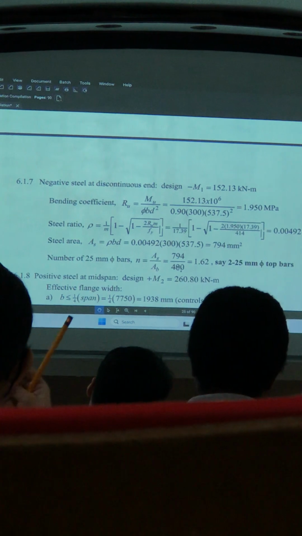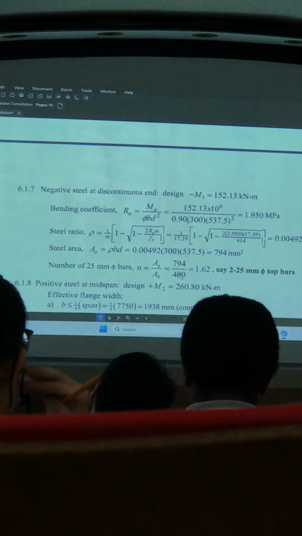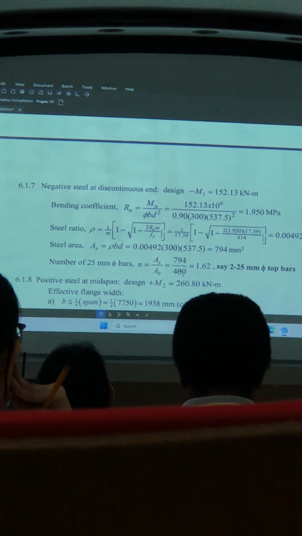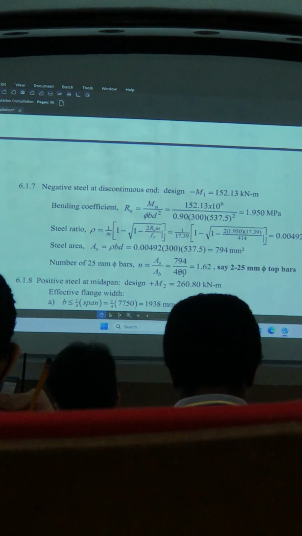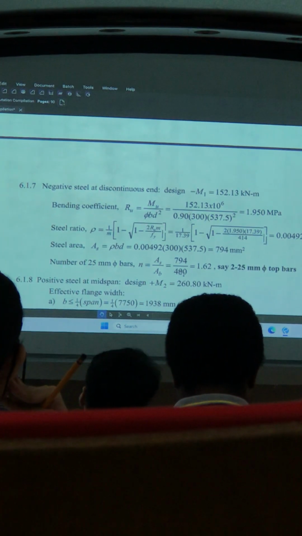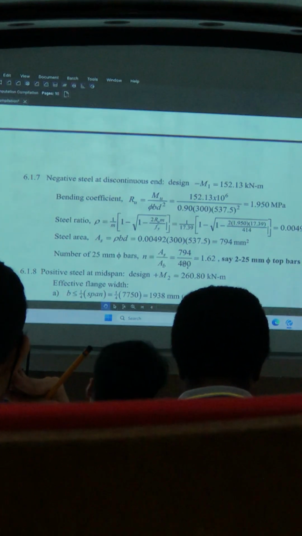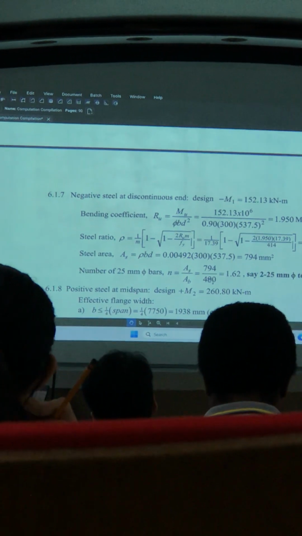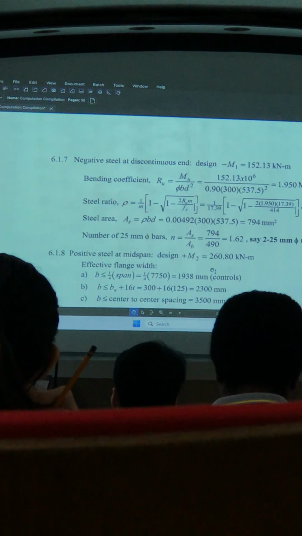Here RU equals MU over phi BD squared, then apply the formula AS equals rho BD, then select the bar diameter and compute the area of the bar, then divide the required area by the area of the bar. We have 1.62, so use 2 pieces of 25 mm diameter bars.